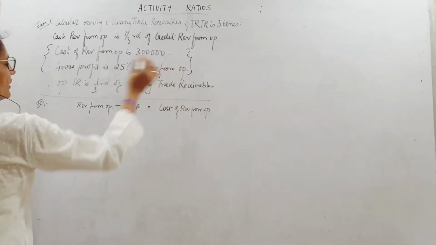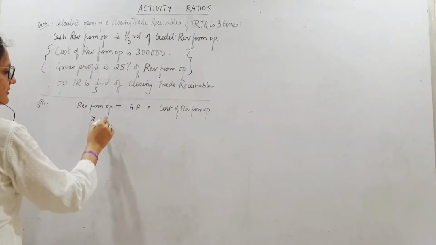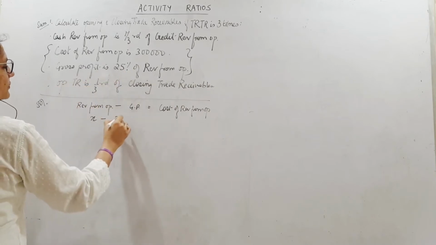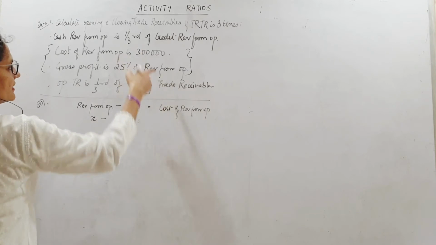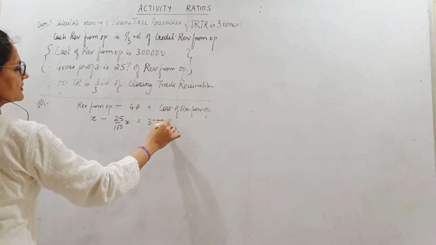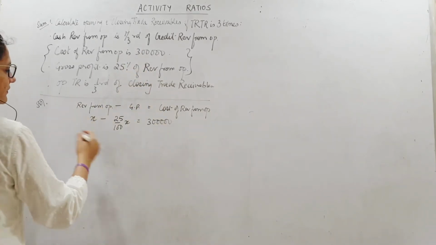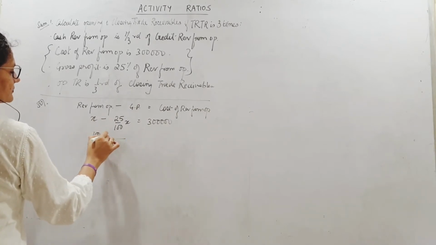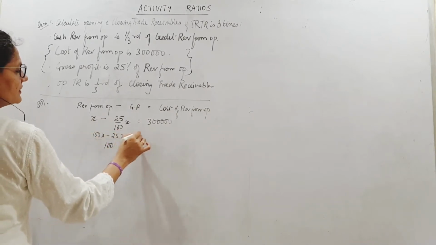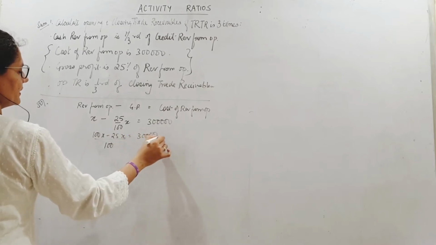Since I don't know revenue from operation, let me take it as X. Gross profit is 25% of X, and this is given to me as 3 lakhs. So now I just have to solve for X. 100X minus 25X divided by 100 is 3 lakhs.